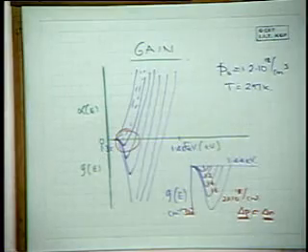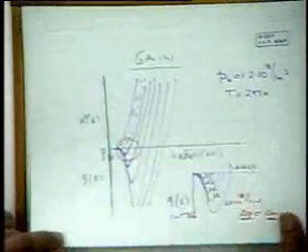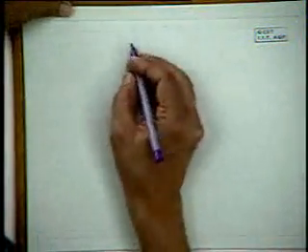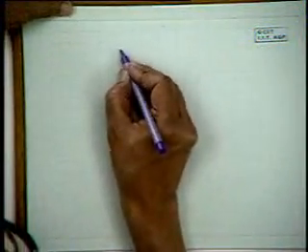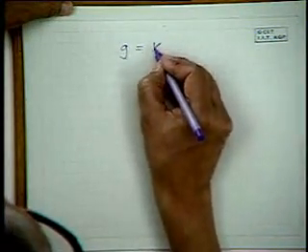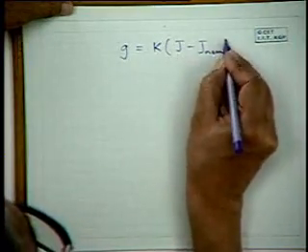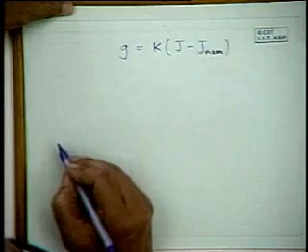So using these sort of curves, these calculations, one can now go and use the relation. We know that G is equal to some constant times J minus J nominal in the linear region.